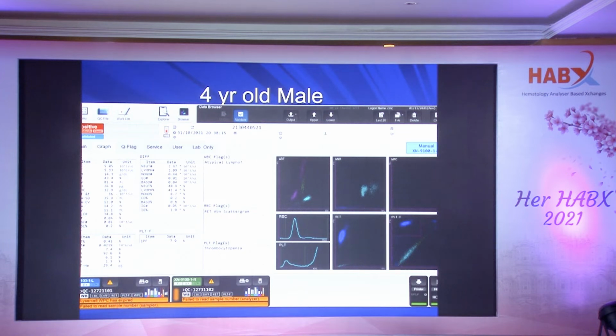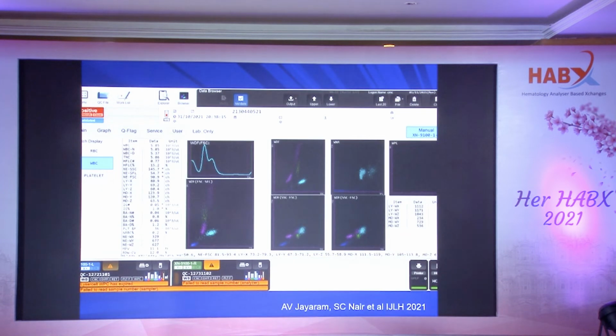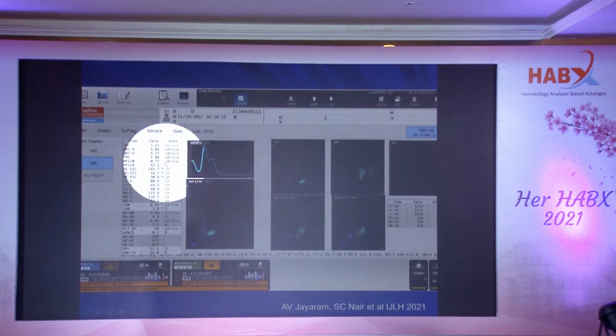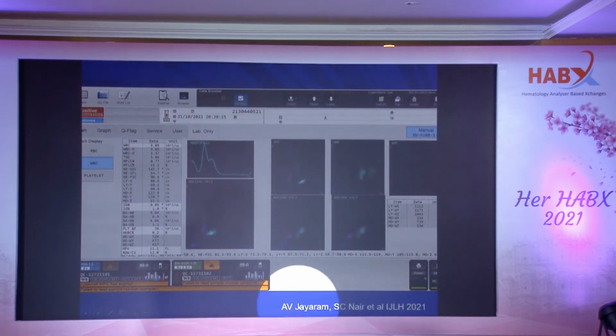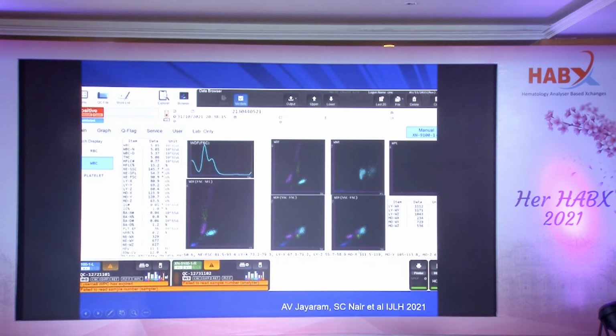But we find that this particular pattern will show what is known as high fluorescent lymphocyte count. We got a publication recently with Anand Vikas, who was my student at that time. He's now with Newberg. In 2021, it showed that this particular pattern and this particular percentage of high fluorescent lymphocyte count is diagnostic of dengue infection.